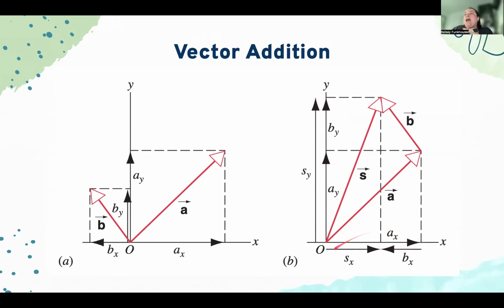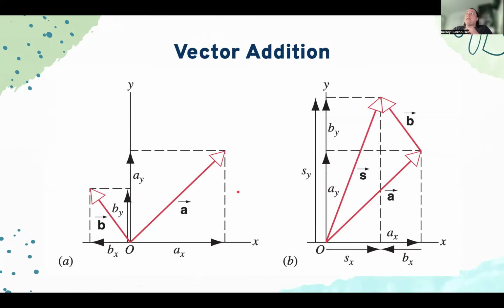But in x, because the B component is in the opposite direction of the A component, they subtract from each other, and that makes the x component of our overall vector smaller. So that's what this is. That was really showing you the process of vector addition in three different ways of doing it.